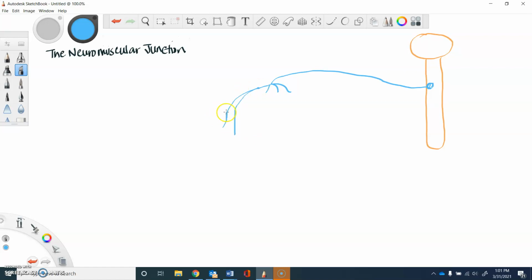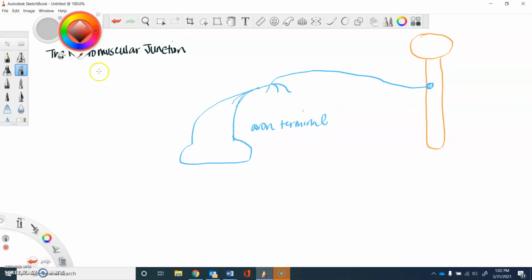So if we go down here and make just one big one, here's my one terminal, and it's going down to innervate. So here's its little axon terminal. And it will innervate its muscle cell.